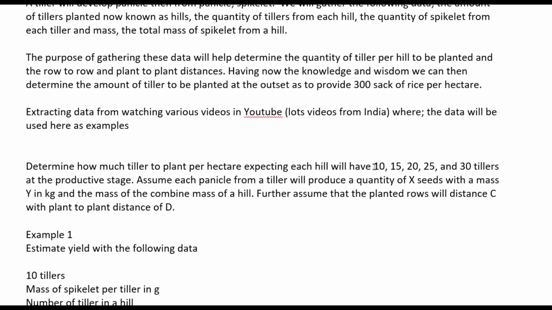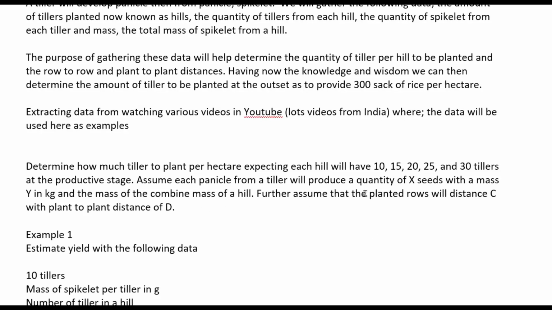This is the productive tellers, not the transplanted ones, because from knowing the productive tellers, we can then backtrack and say, okay, I can plant so many tellers expecting to have a productive teller of 10, 15, 20, 25, 30. 30 is actually the number that would transpire to be 300 sacks of rice per hectare.